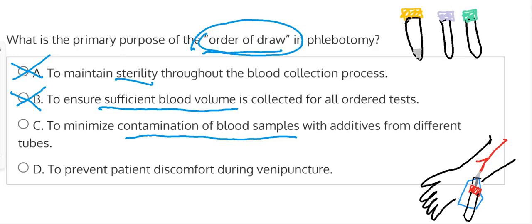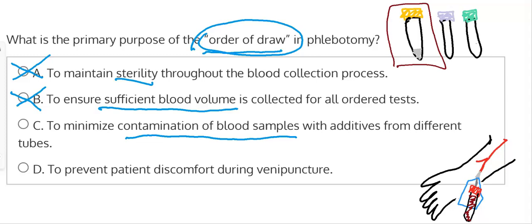The top part of the vacutainer, the little needle that the blood goes through after it's attached to the patient, is contaminated with the substance from your gold top, and that could affect the result of the blood going into your red top. Therefore, you would want to do your red top first, so you're not cross-contaminating any of the additives inside of the tube.